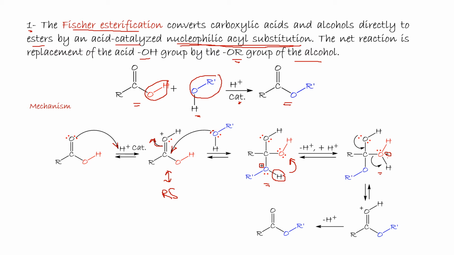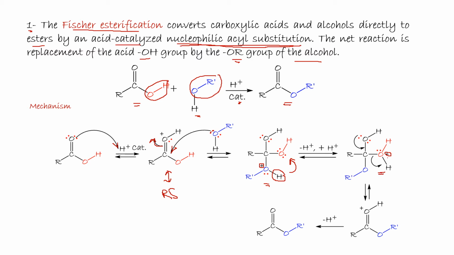This process will take place via alcohol molecules. So ROH will take this H, become ROH2 plus, and then come nearby this oxygen and transfer the proton to it to form this species.